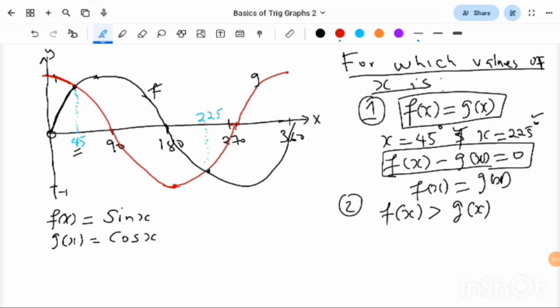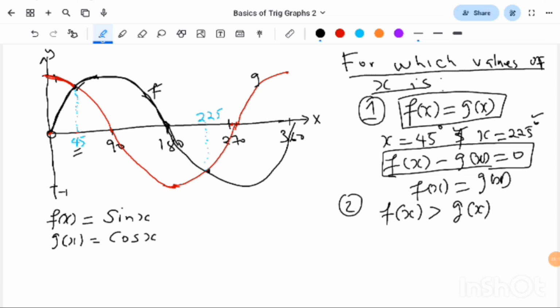So from 0 all the way to 45, my f of x is below g of x. But I want the values of x where f of x is above g of x. Now from 45 going forward, what happens? From 45, my f of x is above g of x.